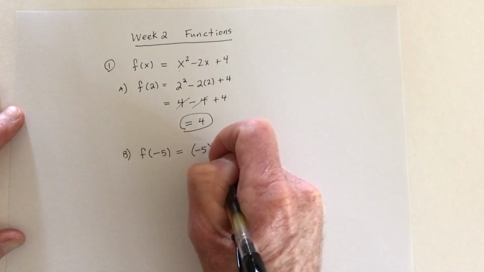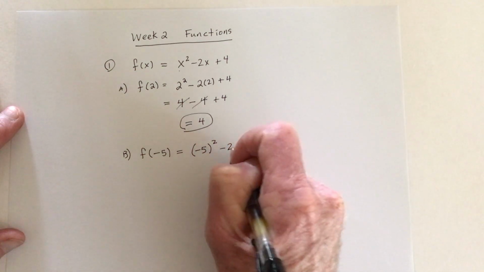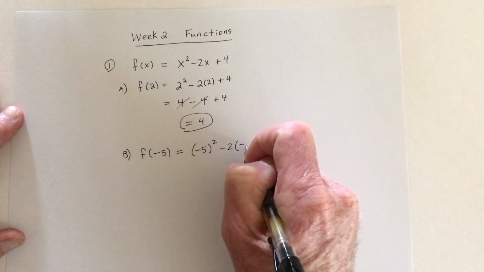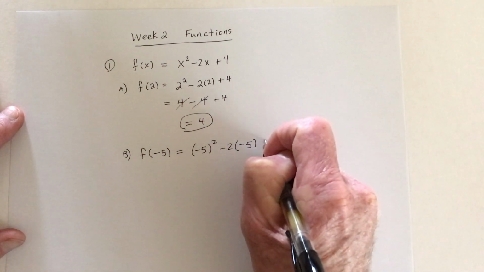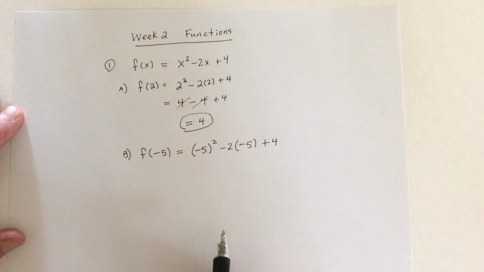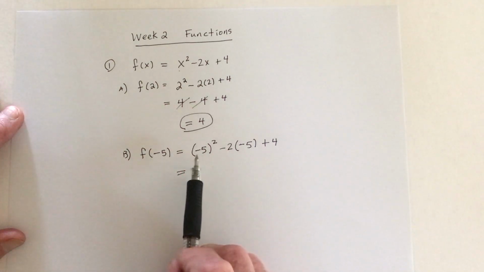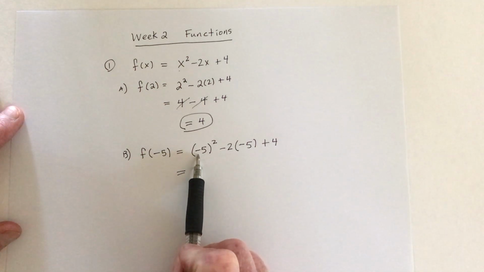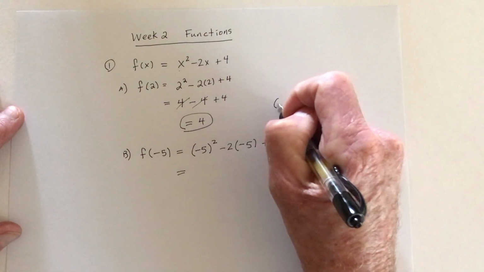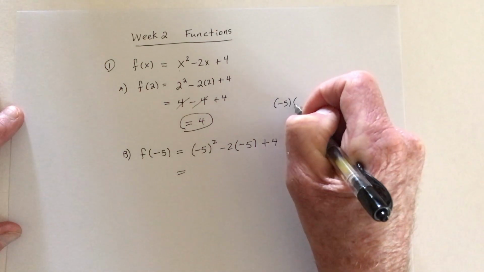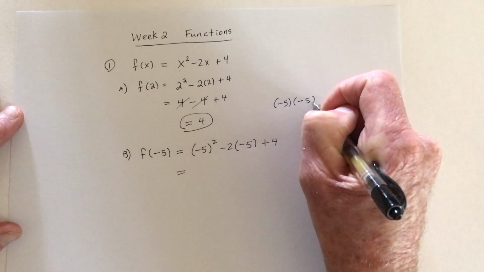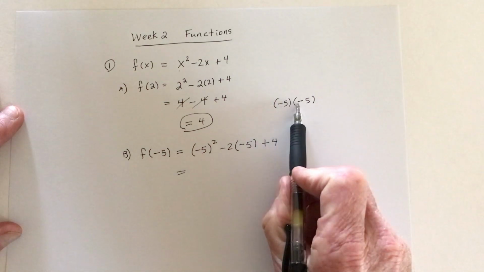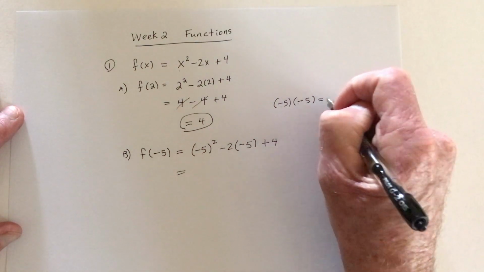So negative 5 squared minus 2, and then replace the x with negative 5, and then there's a plus 4 at the end. So negative 5 squared is going to be a positive 25. This literally means take a negative 5 in parentheses times the exact same thing again, and a negative times negative will be a positive 25.